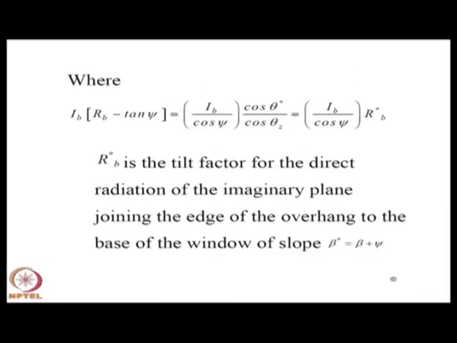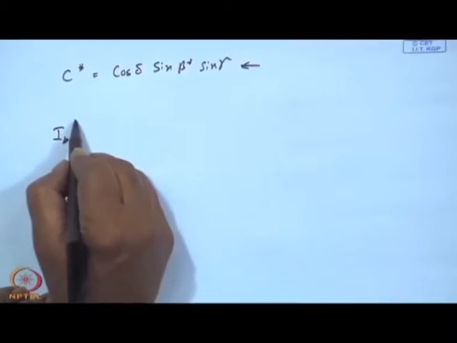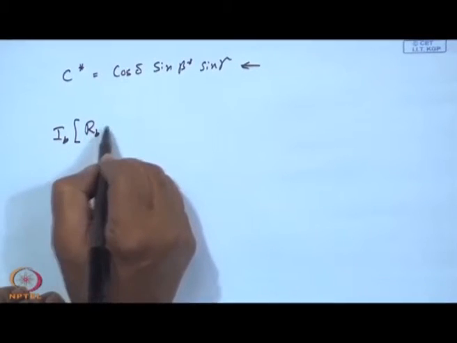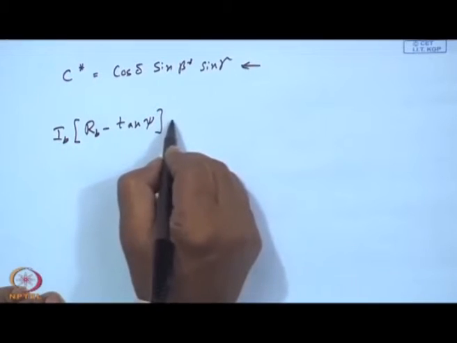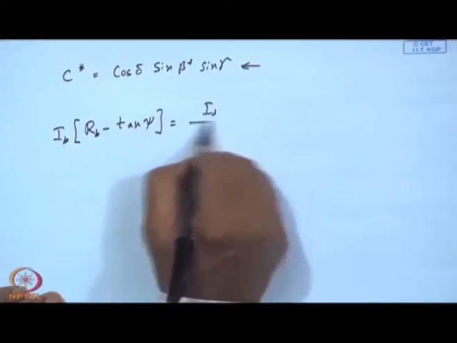And you have got IB times RB minus tan psi from the previous equation, IB by cos psi.